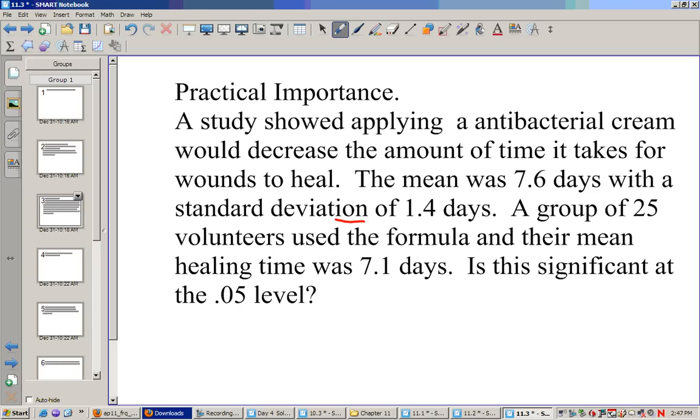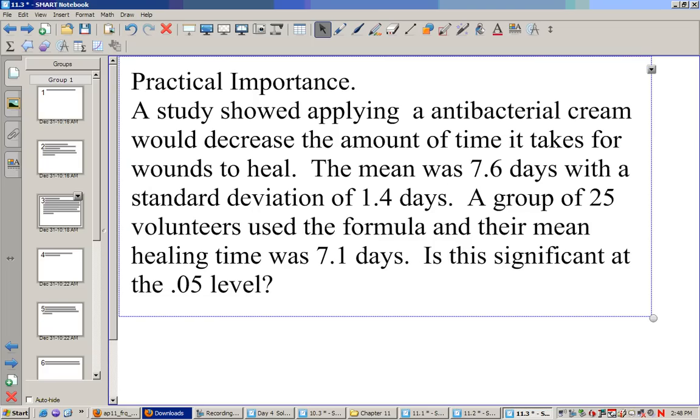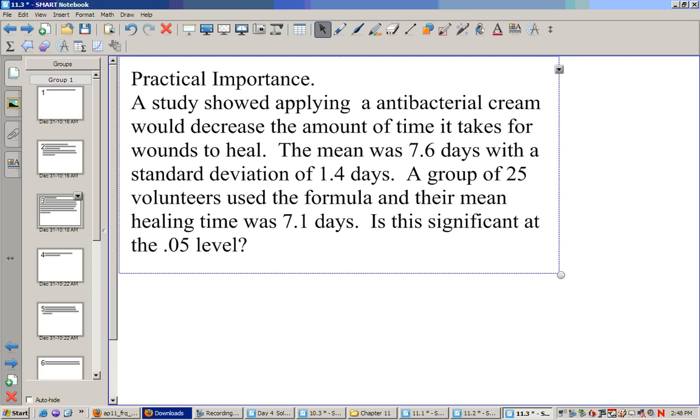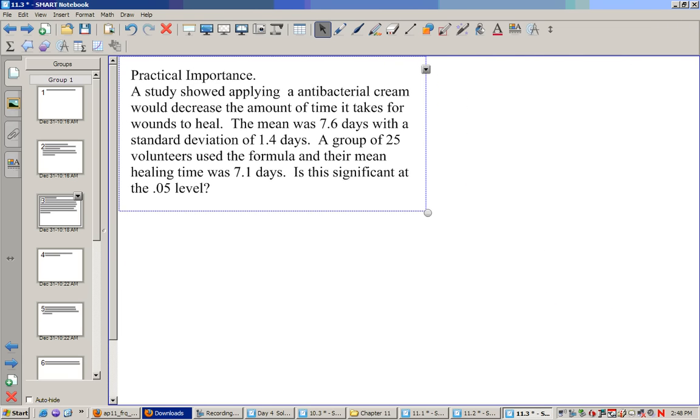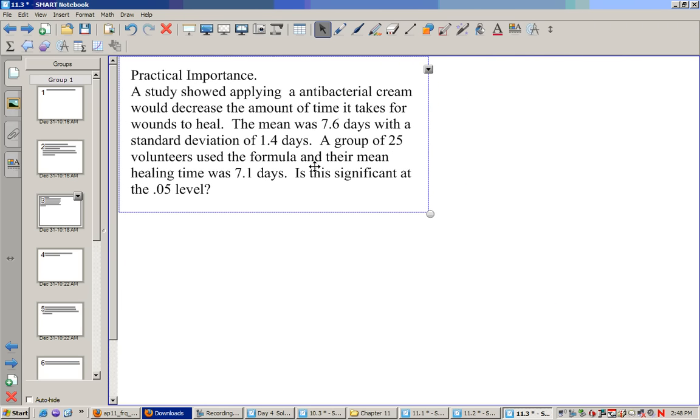Also, for practical importance, let's take a look at this example. A study shows applying an antibacterial cream would decrease the amount of time it takes for a wound to heal. The mean time was 7.6 days with a standard deviation of 1.4. A group of 25 volunteers used the formula and found that the mean healing time was 7.1 days. Is this significant at the 0.05 level?